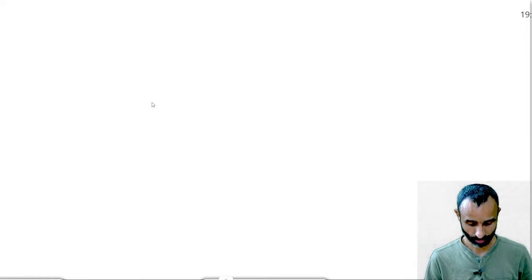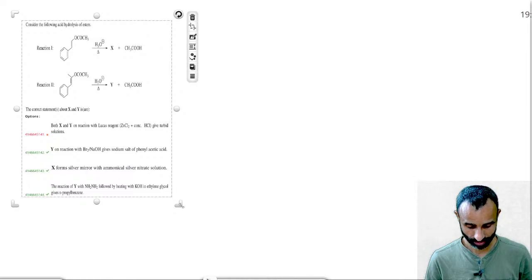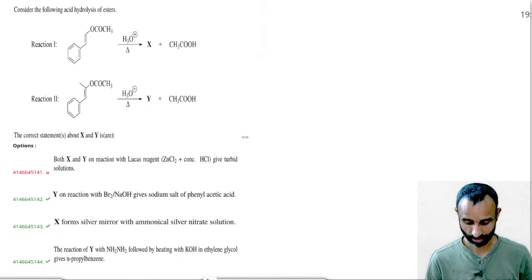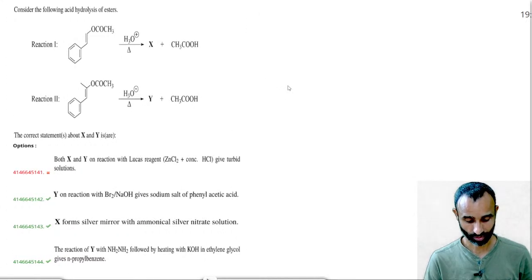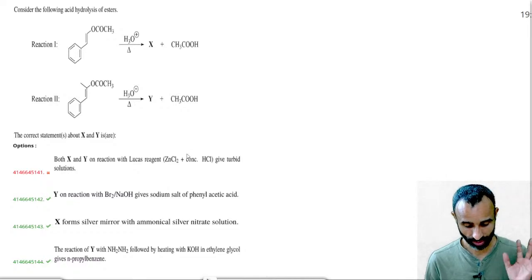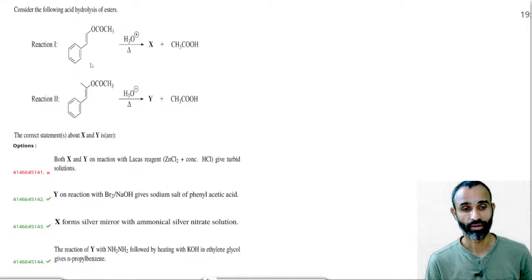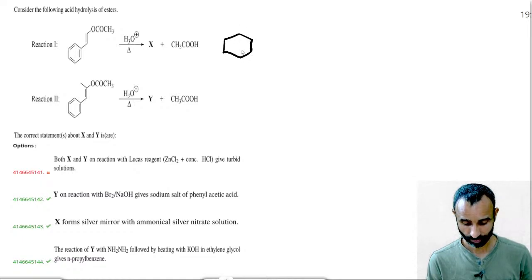So the reactions are from NCERT only, but the level of the question is higher. H3O plus, heat, in both the reactions. But in the first case there is a benzene ring with OCOCH3 double bond.